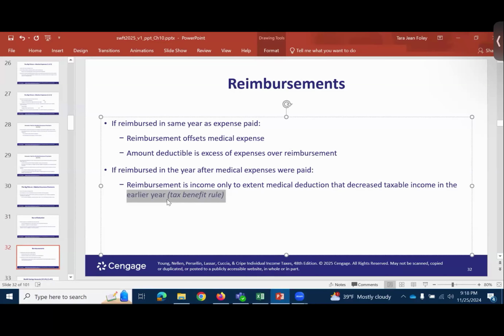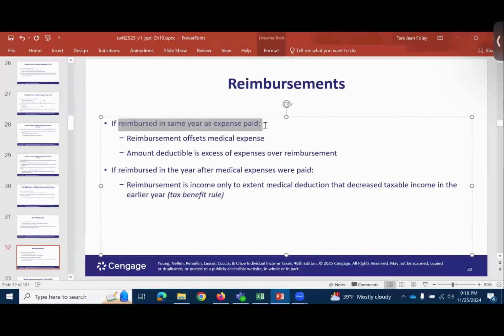In the following year, if I received a reimbursement from my insurance company, I now have to include that reimbursement as income because I got a tax benefit the year before. So now I have to pay the taxes back for what I deducted in the previous year.